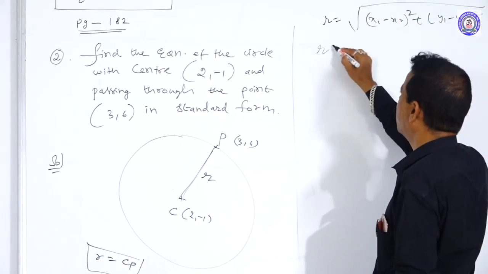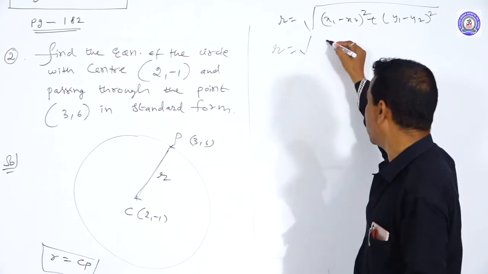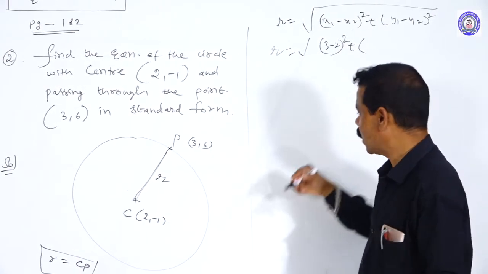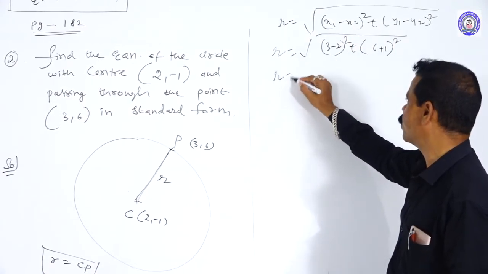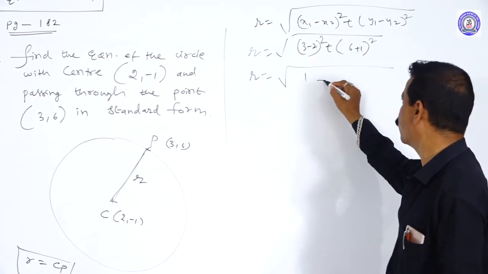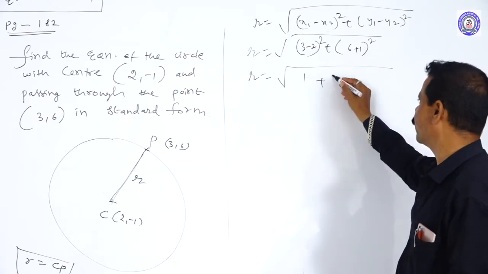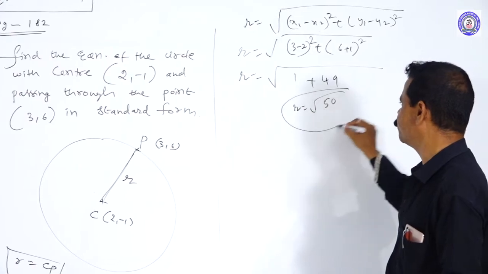Use this formula. r is equal to 3 minus 2 whole square plus 6 minus of minus 1, 6 plus 1 whole square. So r is equal to under root of 3 minus 2, 1 square is 1, 6 plus 1, 7 square, 49. So r value is under root of 50.